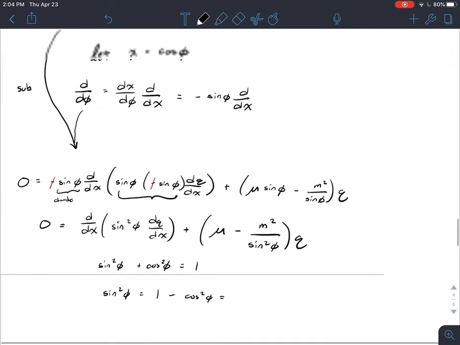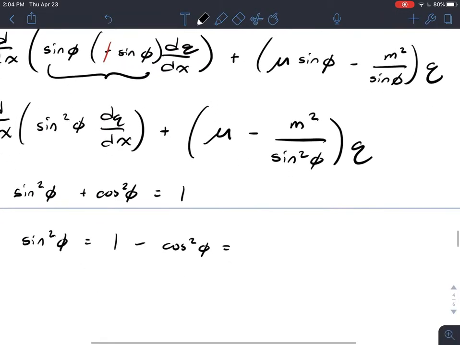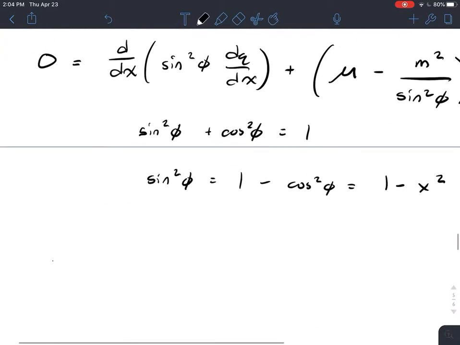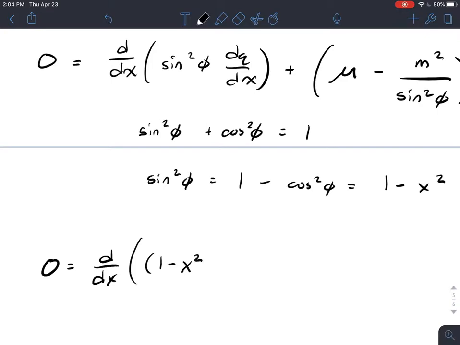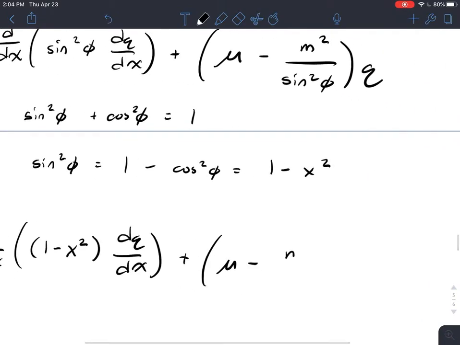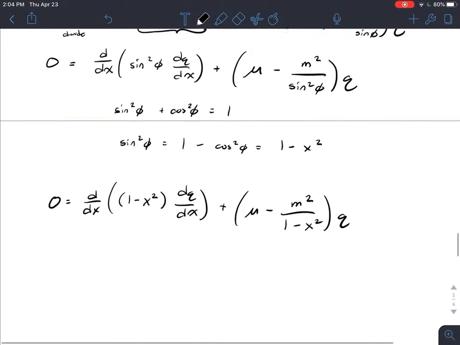But remember that we define x to be equal to cosine phi. So in reality, this is equal to 1 minus x squared. So now if we substitute everything in for sine squared in the top thing, we get 1 minus x squared dq dx plus mu minus m squared over 1 minus x squared q.